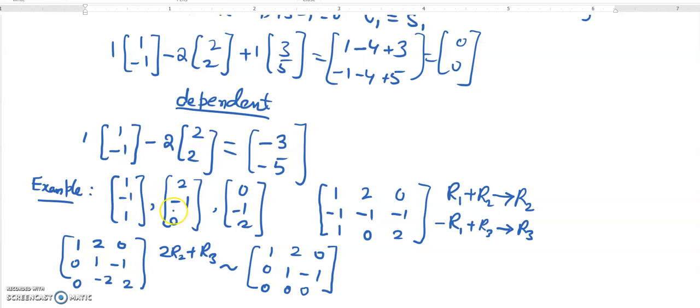We get an echelon form, of course, but in this echelon form the last row is 0. This will mean that we can always relate these 3 vectors by some linear combination with arbitrary values of s1, s2, s3, which may not necessarily be 0, or they can be other than 0. So if this is the case, then these three vectors are linearly dependent.